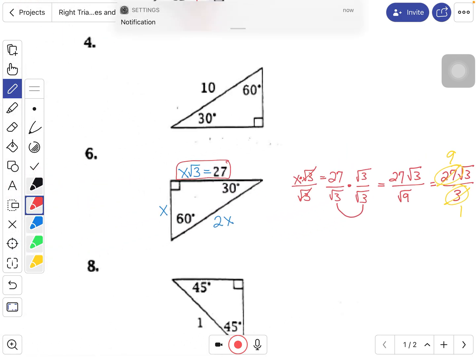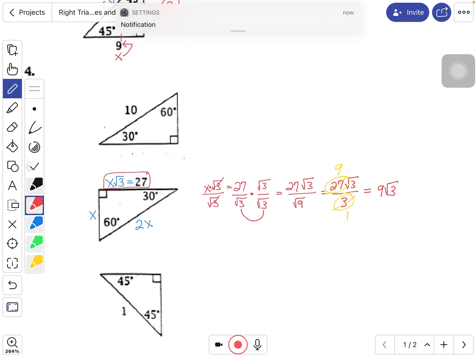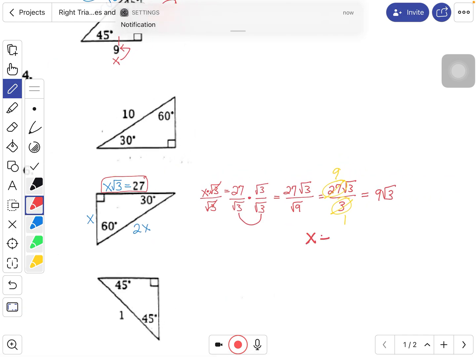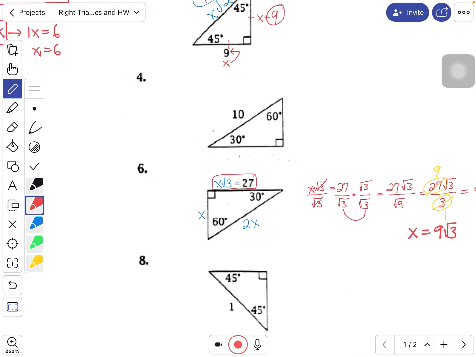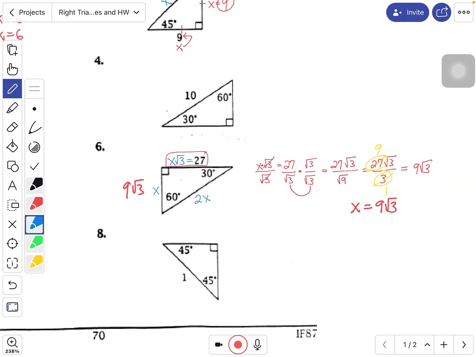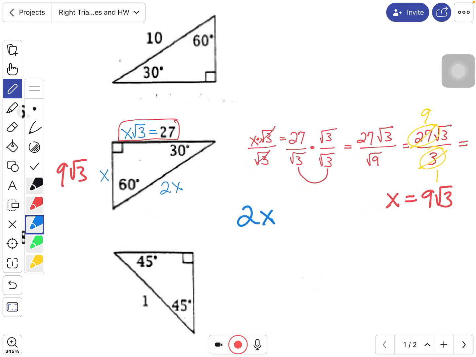So I now know, because I solved for x, that x is equal to 9 square roots of 3. So that is this side, 9 square roots of 3. To find the value now of 2x, I now need to take just a few minutes to substitute what I know about x in for x in this expression.